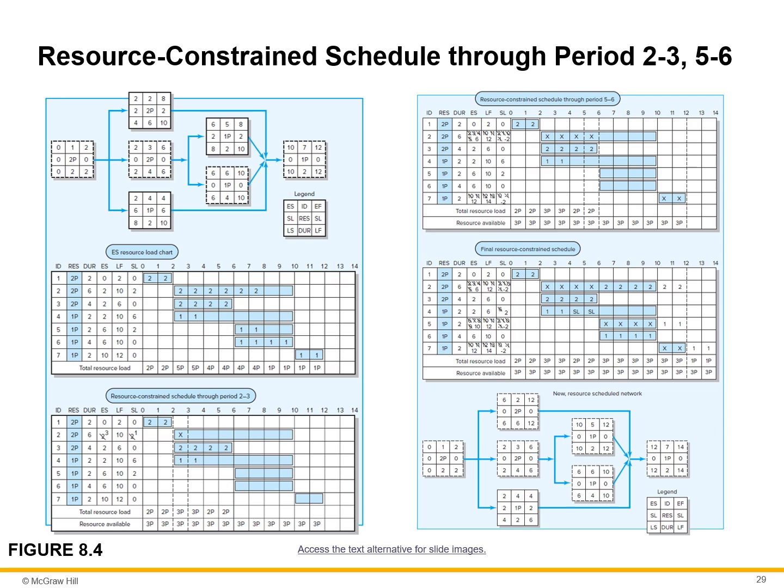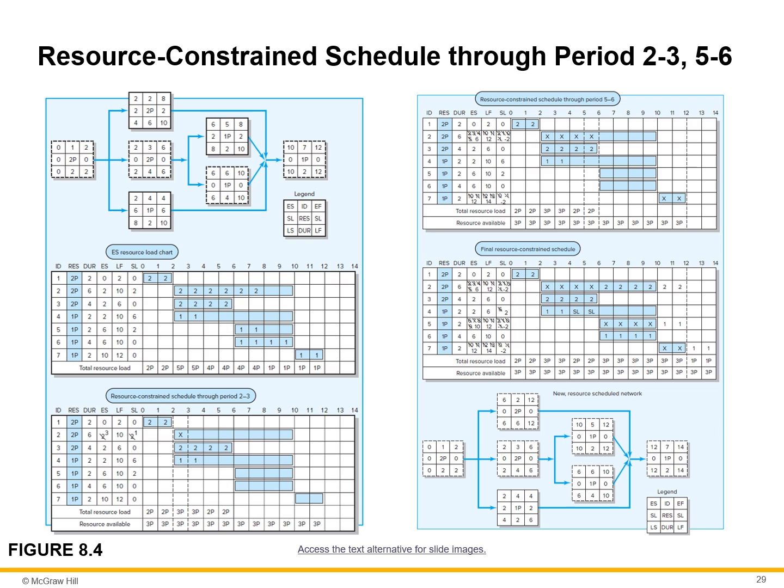Resource-constrained schedule through period 5 to 6 on the right. This shows how the project schedule gets constrained due to resource limitations. For each task, i.e. each row, you can see the time period over which the task occurs, marked by the blue bars, shaded cells.